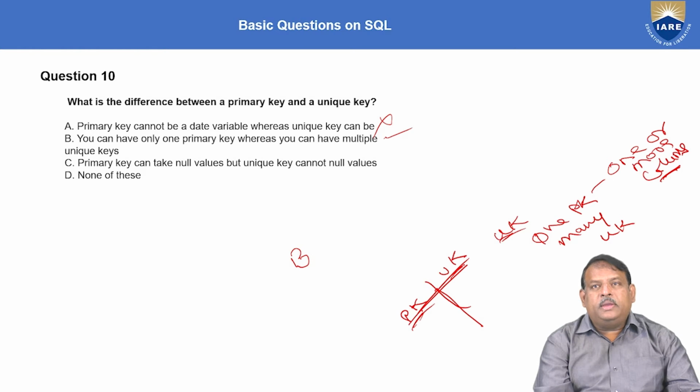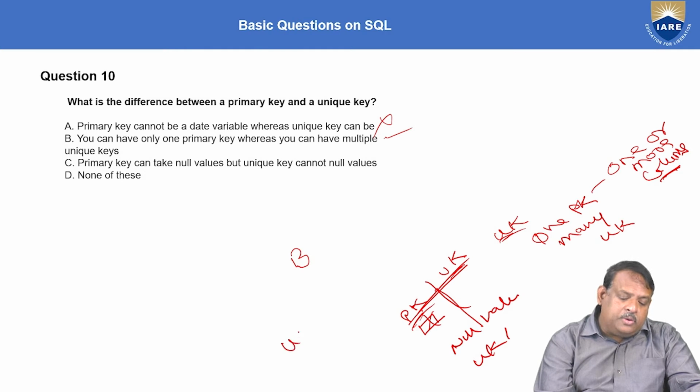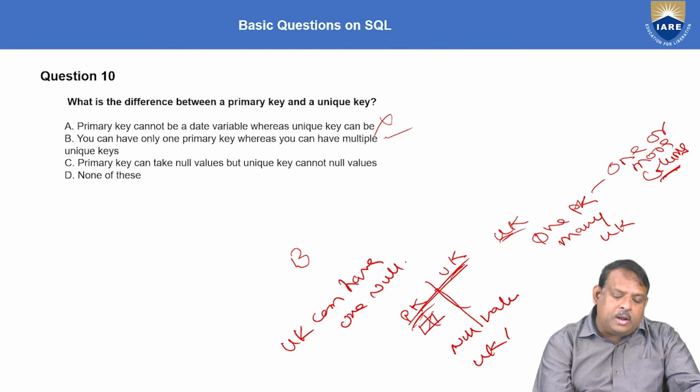Now, a primary key can take null values, but a unique key cannot take null values. That is a wrong statement. A primary key can never have a null value, but a unique key can have one null value.